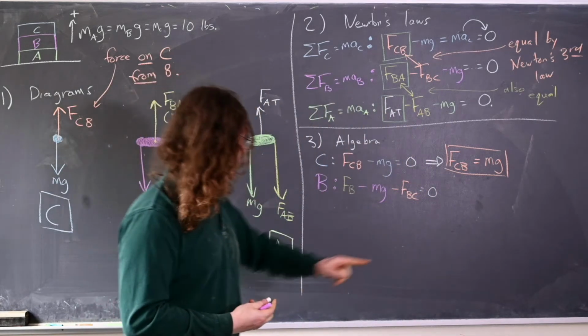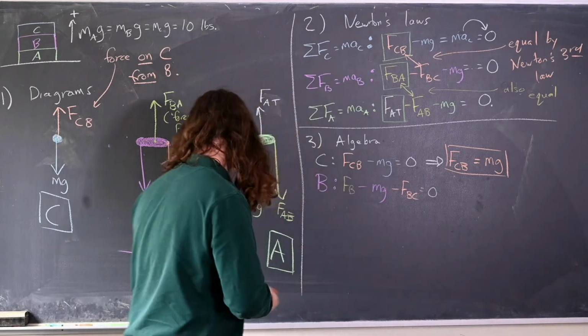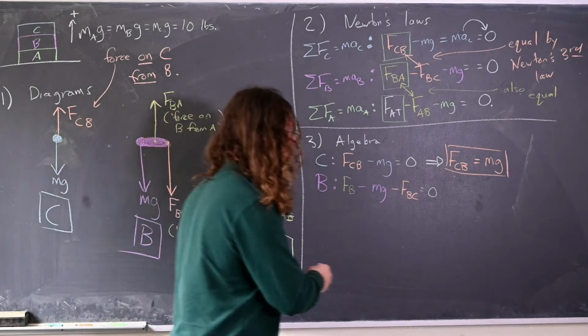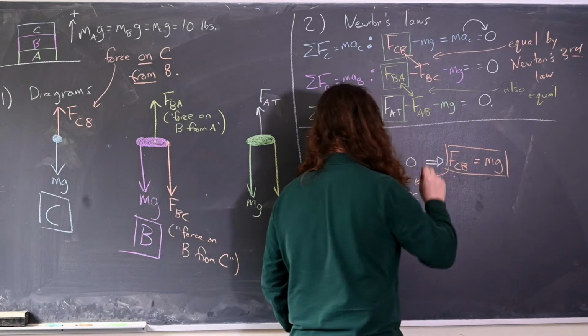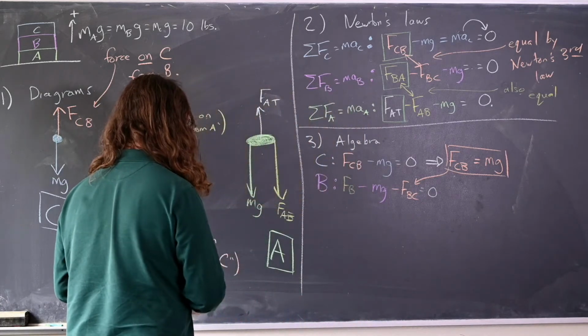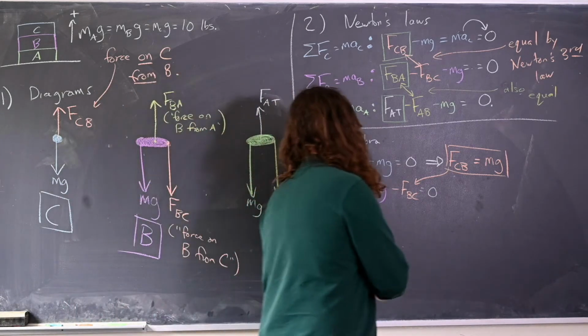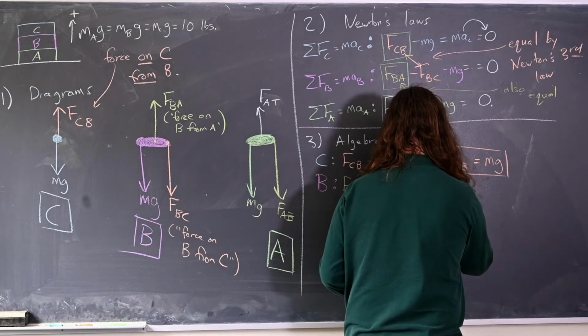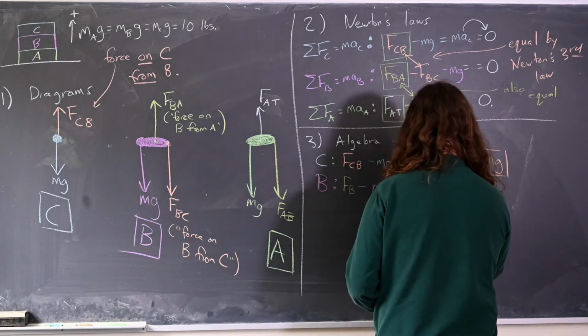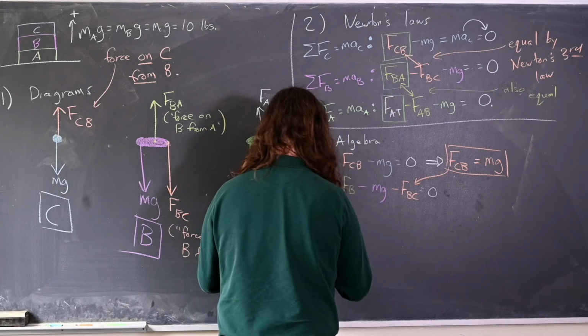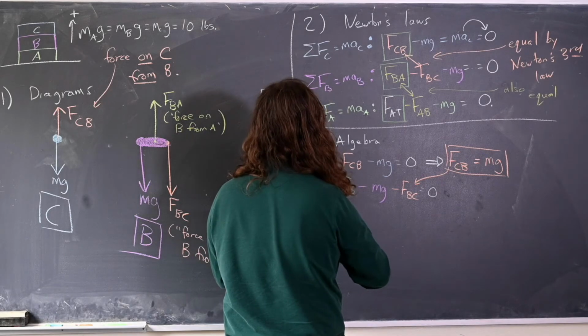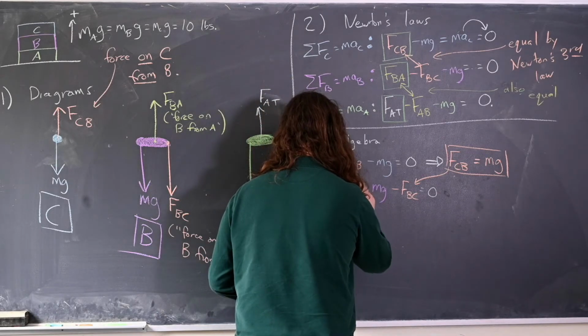But notice I've got a formula for FCB. I figured out what that is. So I can substitute that in here. And I get, whoop, that should be FBA. Forgot to write the last letter.